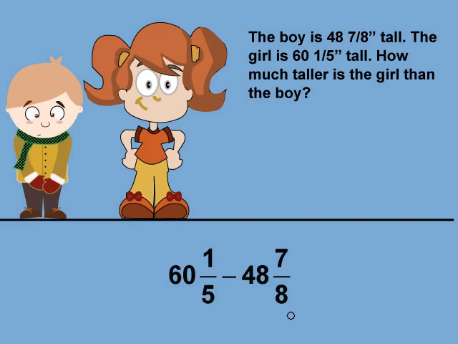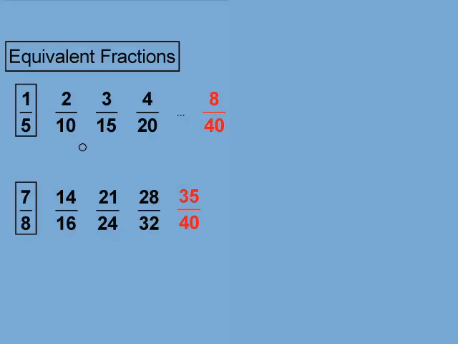We can see this by finding a common denominator. Finding a common denominator for 1/5 and 7/8 means multiplying the two denominators. This is because 5 and 8 don't have any common factors greater than 1. So it's not until the 7th equivalent fraction for 1/5 and the 4th equivalent fraction for 7/8 that we find a common denominator.